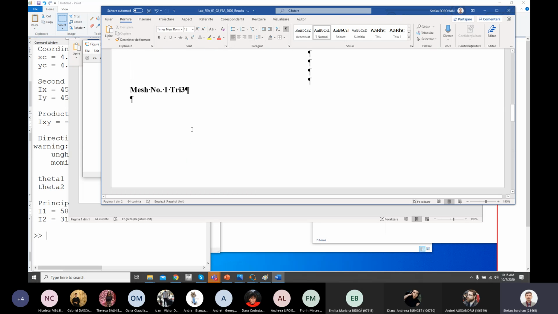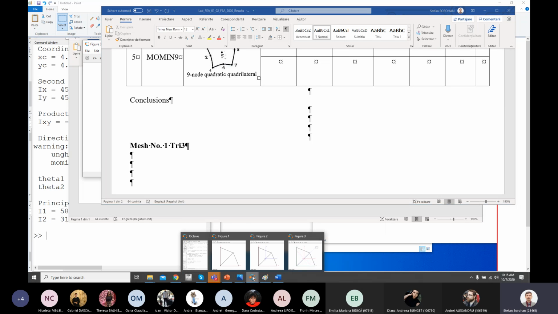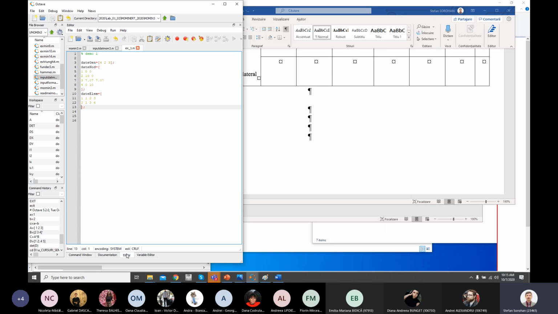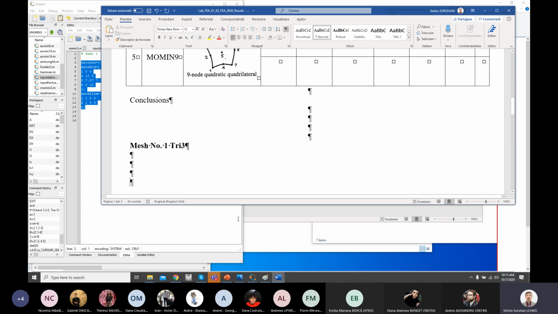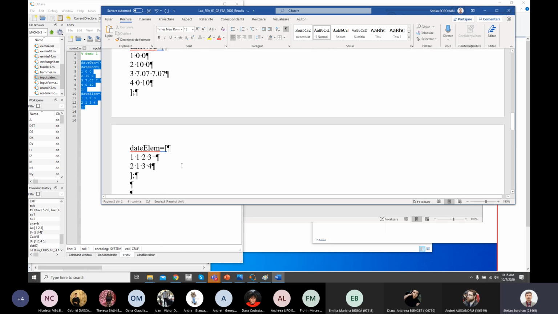And if you want, the input data may also be given here. So if you go into the editor, this was my input data file. Why is this input data file good?